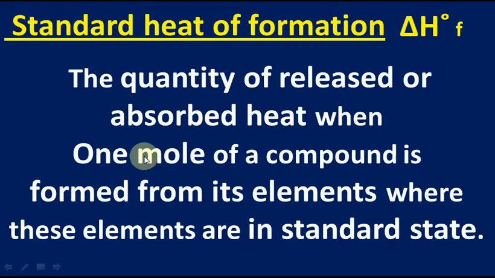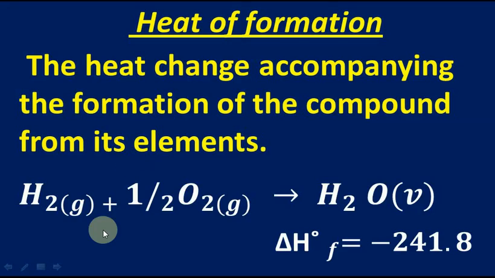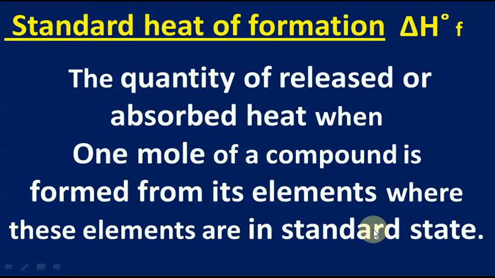And here I said 1 mole of a compound, like the last equation, 1 mole of water vapor formed from its elements, H2 and O2. It is called standard heat of formation, and its symbol is delta H naught F.